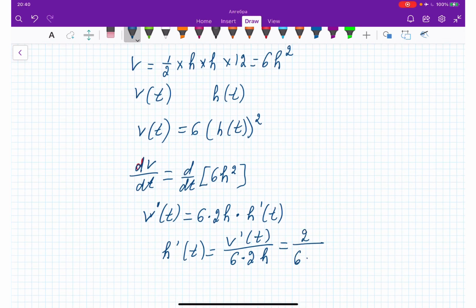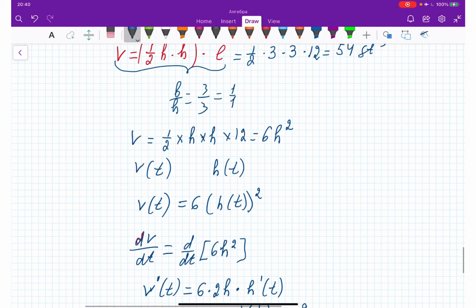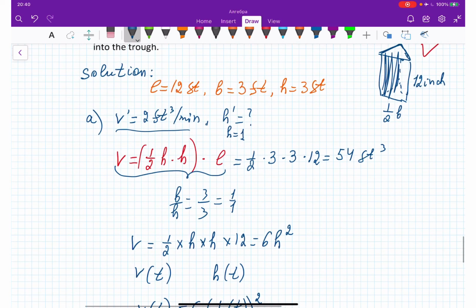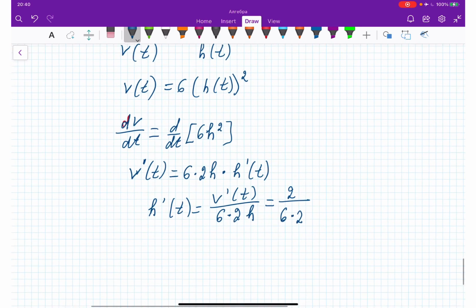Dividing by 6 times 2, and it's asking at h equal to 1. So h is going to be equal to 1. So that is equal to 2 over 12, and that is equal to 1/6 feet per minute.